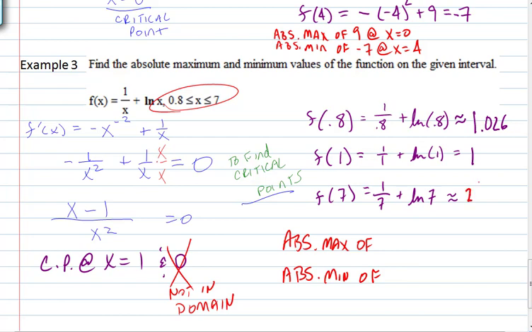It's 2 point what? 2.09. Okay, so we have an absolute maximum of 2.09 at x equals 7 and an absolute minimum of 1 at x equals 1. Yeah, I hit the log button. Okay, don't do that.